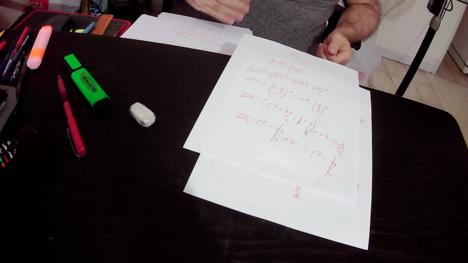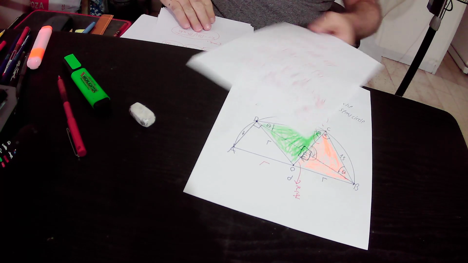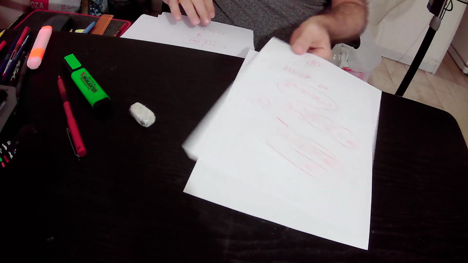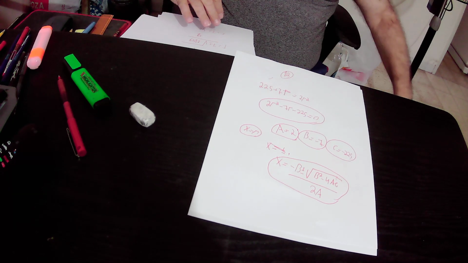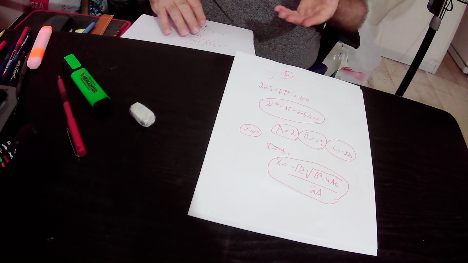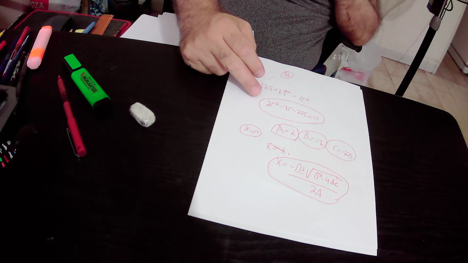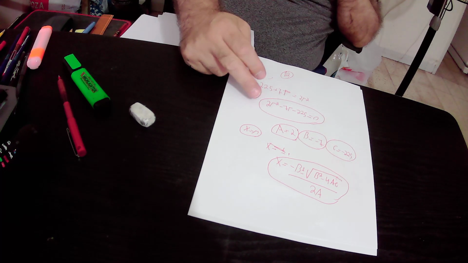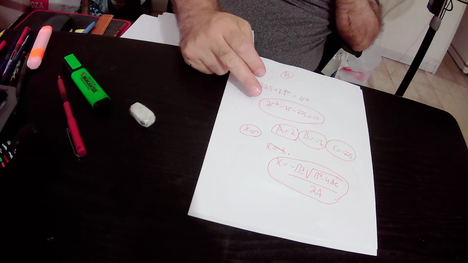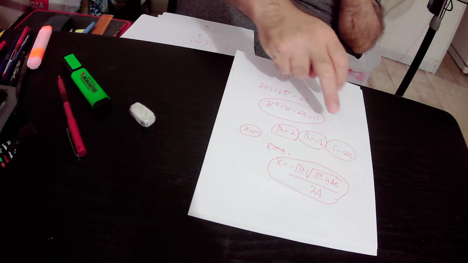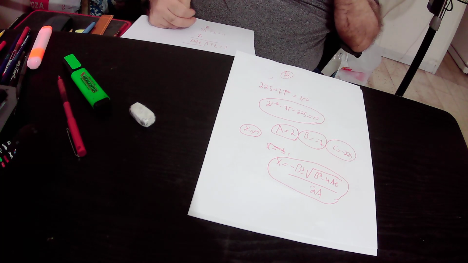So we solve this equality and we got to a quadratic equation. The coefficients of this quadratic equation are A equals 2, B equals minus 7, and C equals minus 225.